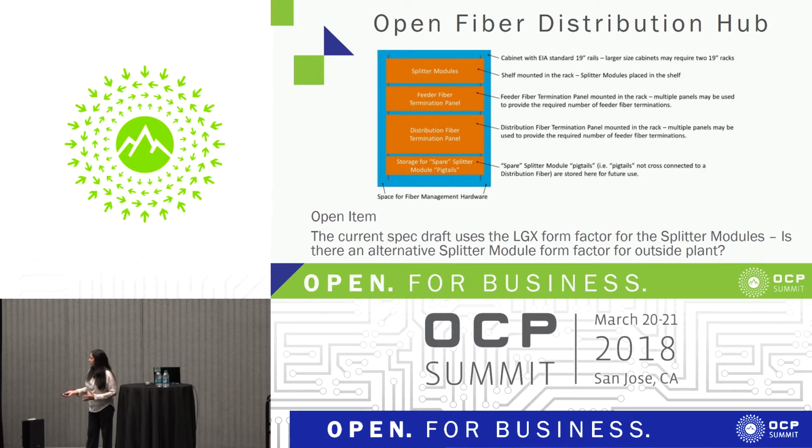So you would have the feeder cable from the central office and the distribution fiber to the customer side with splitter modules. So it's more of the fiber connections that go in an outside plant. Like I said, I think it's in pretty good shape. Welcome any feedback, and I think he was looking at closing the design in the next month as well.